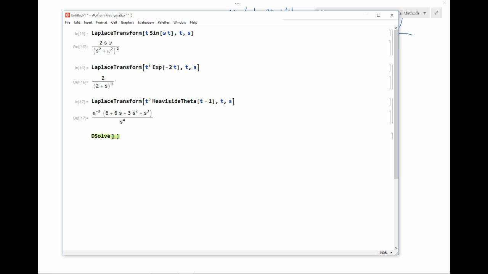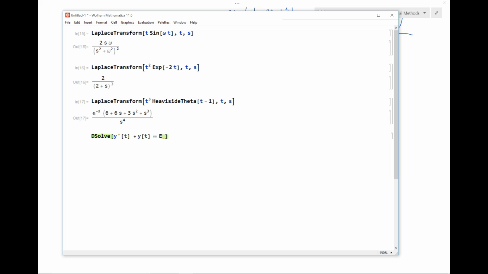And the first equation that we considered was y prime of t plus y of t, and that's equal to, and notice I use a double equal sign because the double equal sign is the comparison operator. Single equal sign is the assignment operator, and if you don't use the double equal sign, dsolve will complain or something will happen that will prevent you from solving your differential equations correctly.